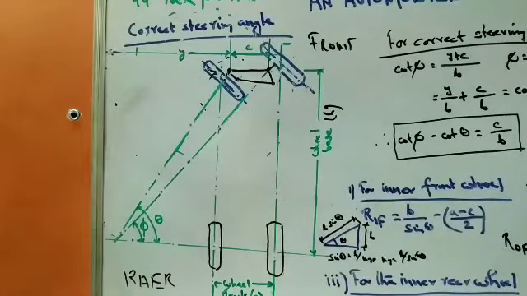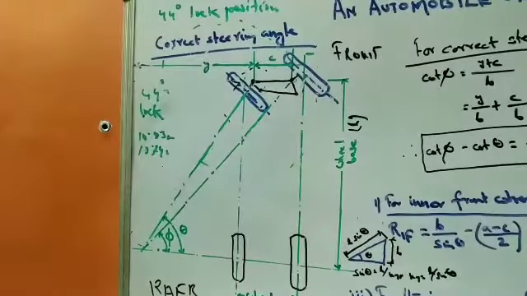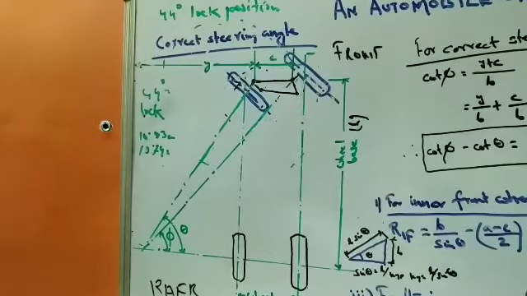It is seen that the inside wheel is required to turn through a greater angle than the outer wheel. We know that. The larger the steering angle, the smaller is the turning circle. Over here we see that the inside wheel makes an angle of phi and the outside wheel makes an angle of theta.